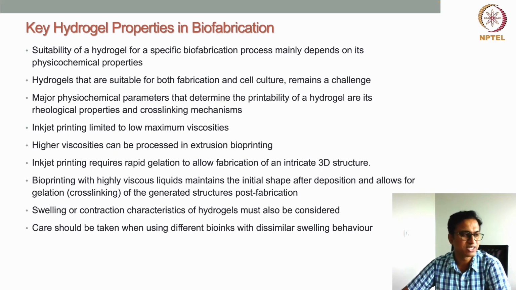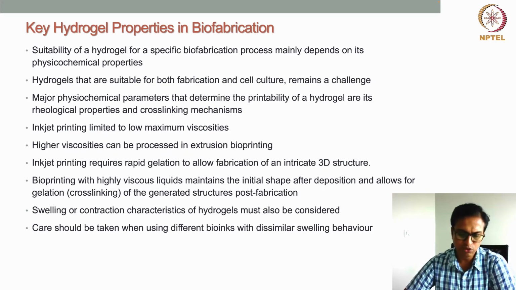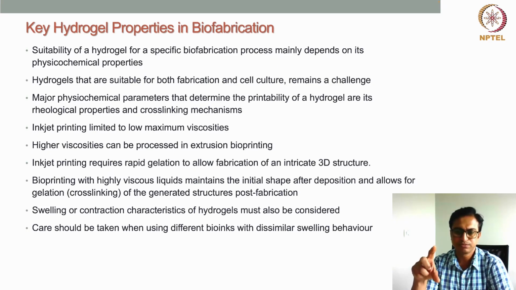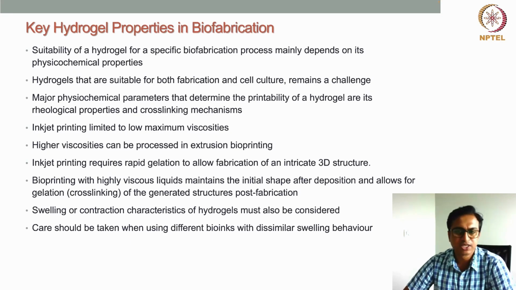The major physical properties that determine the hydrogel properties are rheological properties and cross-linking mechanism, because we must have understood, or in the last few lectures I have stressed, that the most important property of the bioink, when it is inside the syringe before extrusion, is flowability. It should flow through the nozzle and come out upon application of pressure.